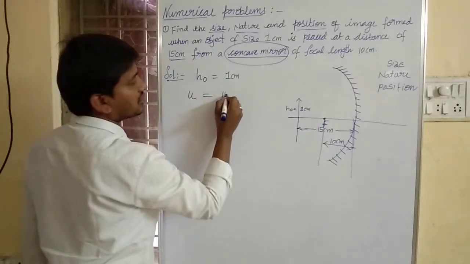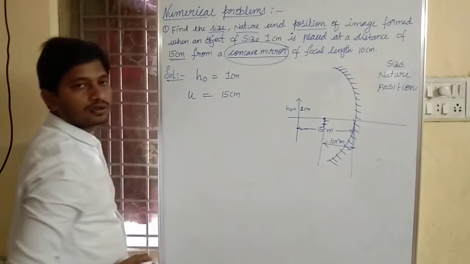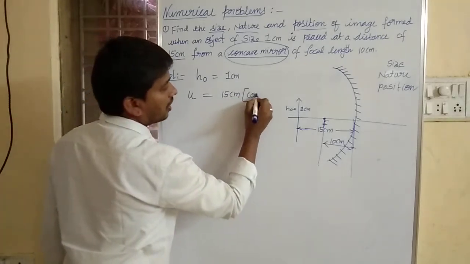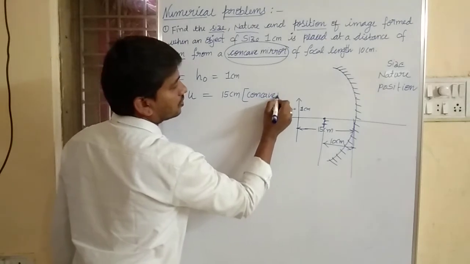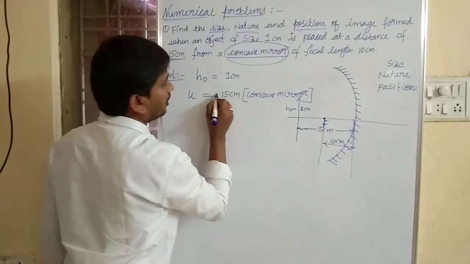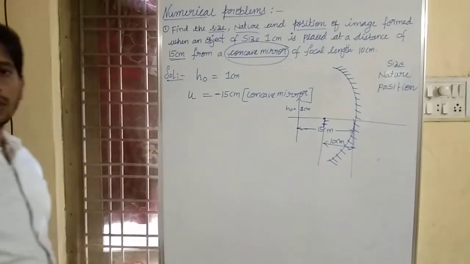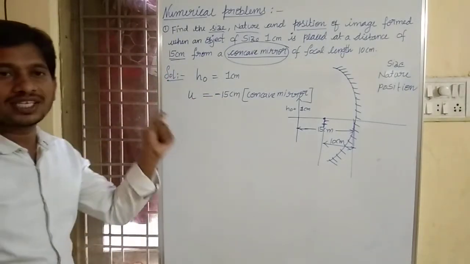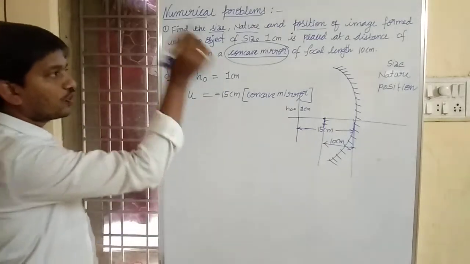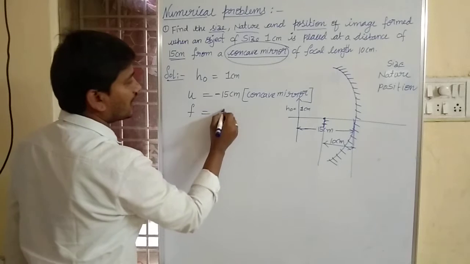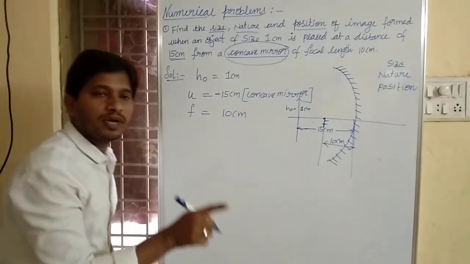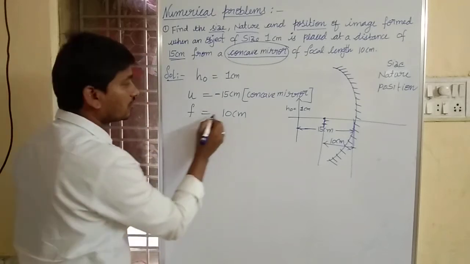So object distance is 15 centimeters. For a concave mirror, object distance will be negative, according to the sign convention. And whose focal length is given? Focal length is given as 10 cm. So for a concave mirror, focal length is also negative.